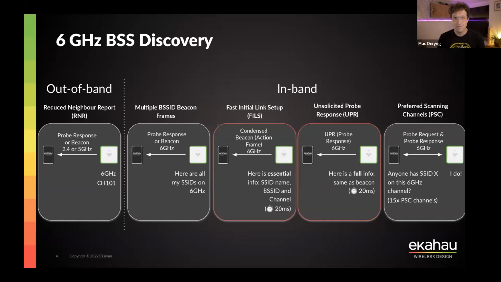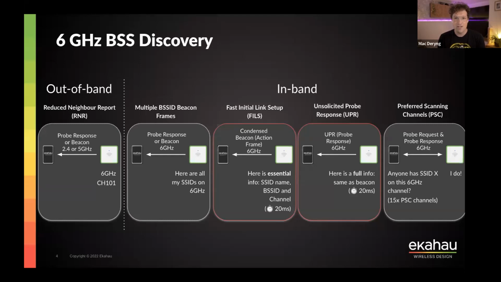That's a massive amount of spectrum to scan, to go off channel, to find the next radio to associate with, or to roam to. So it can take time. If your client is on a voice call and you move down the corridor on channel 5, you will potentially have to scan more than 50 channels to find your better alternative in the old world of Wi-Fi BSS discovery.